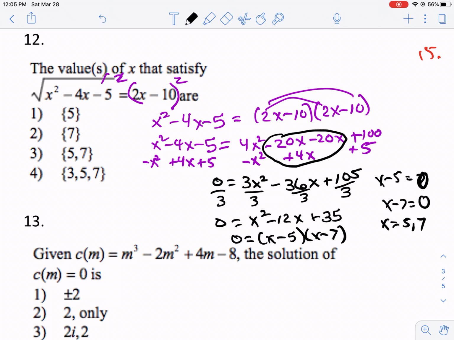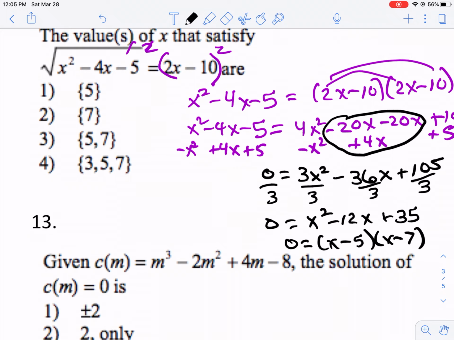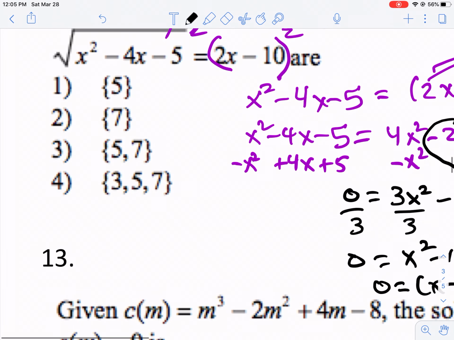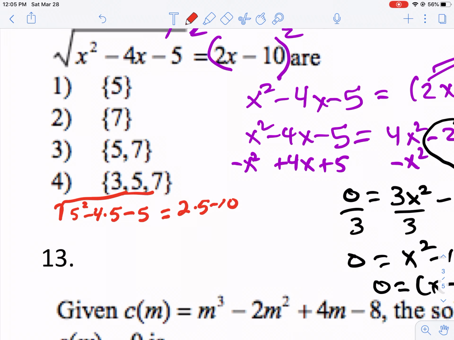Alright, now we have to check to see which ones work. I don't have a lot of room for my check, so I'm going to blow this up a bit. Let's fill in a 5. 5 squared minus 4 times 5 minus 5 should be equal to 2 times 5 minus 10.